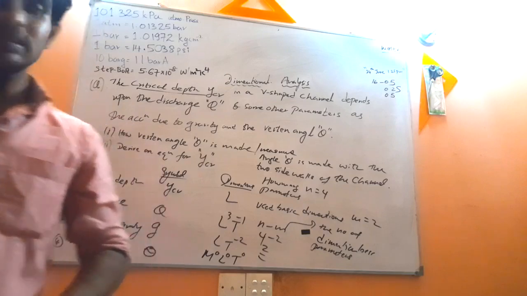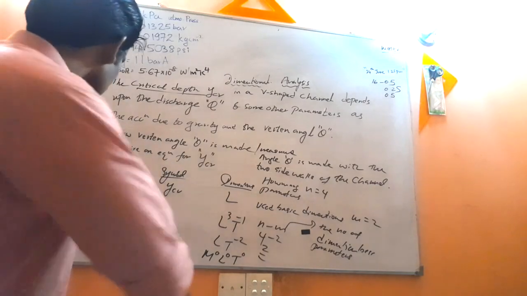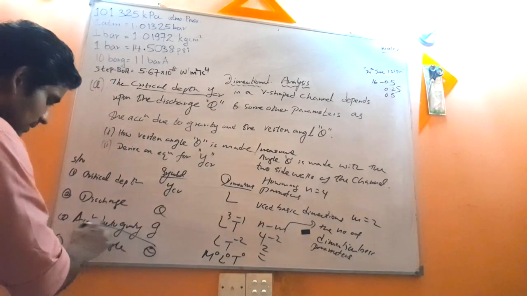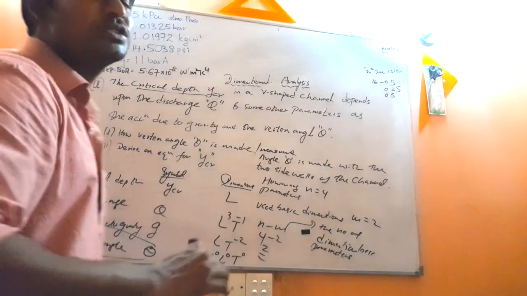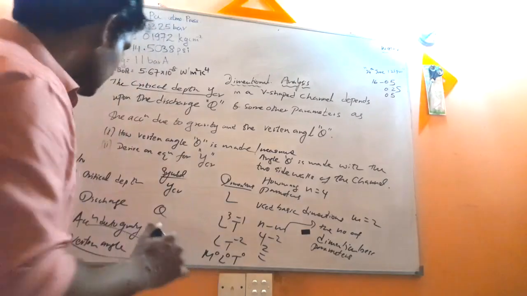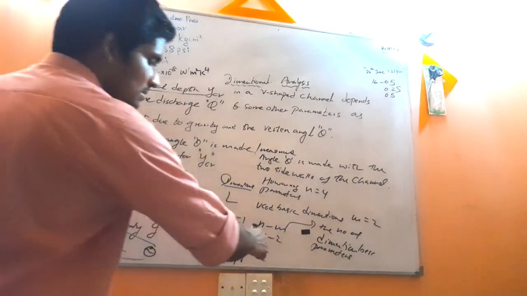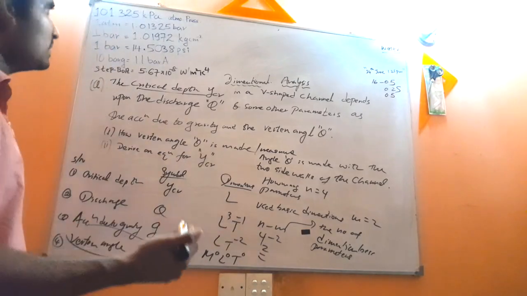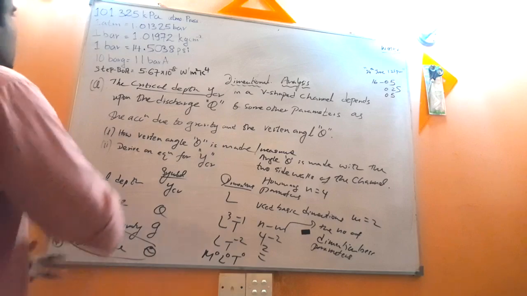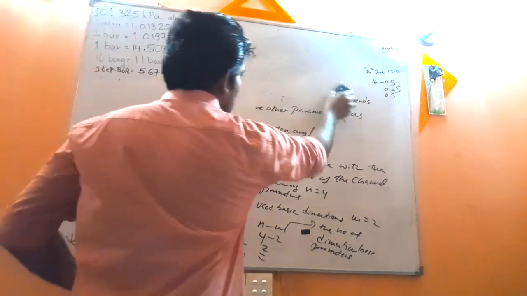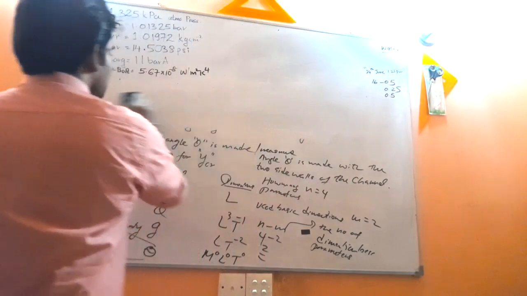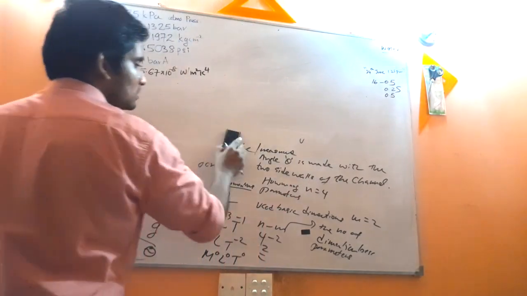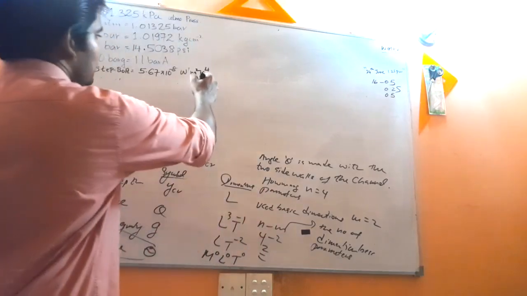Be very careful: in this problem we already know that the vertex angle theta is dimensionless because it has no dimensions. But this equation tells us that we have 2 dimensionless quantities. So one is known. What will be the other one? Let's say that is phi 2.